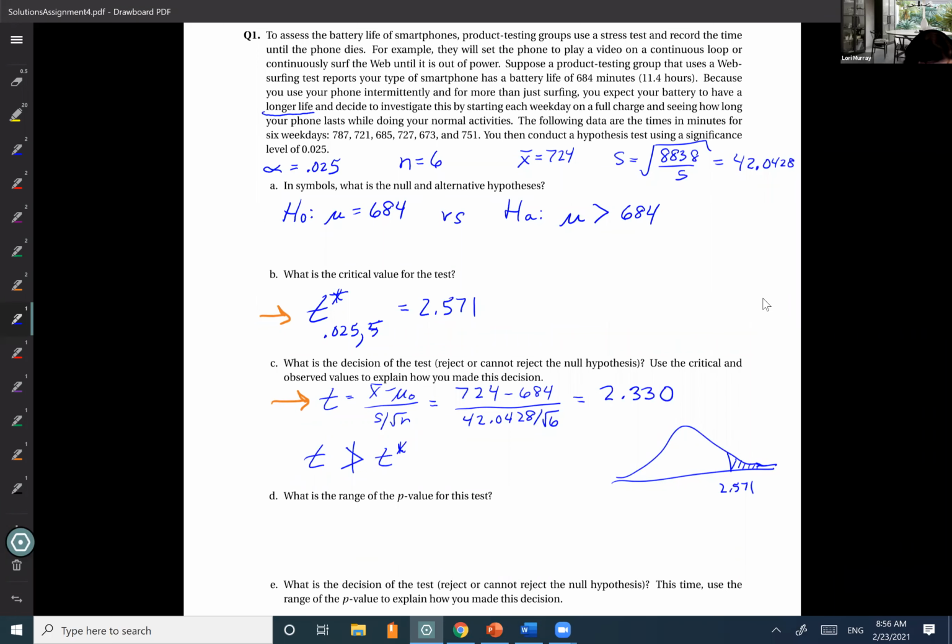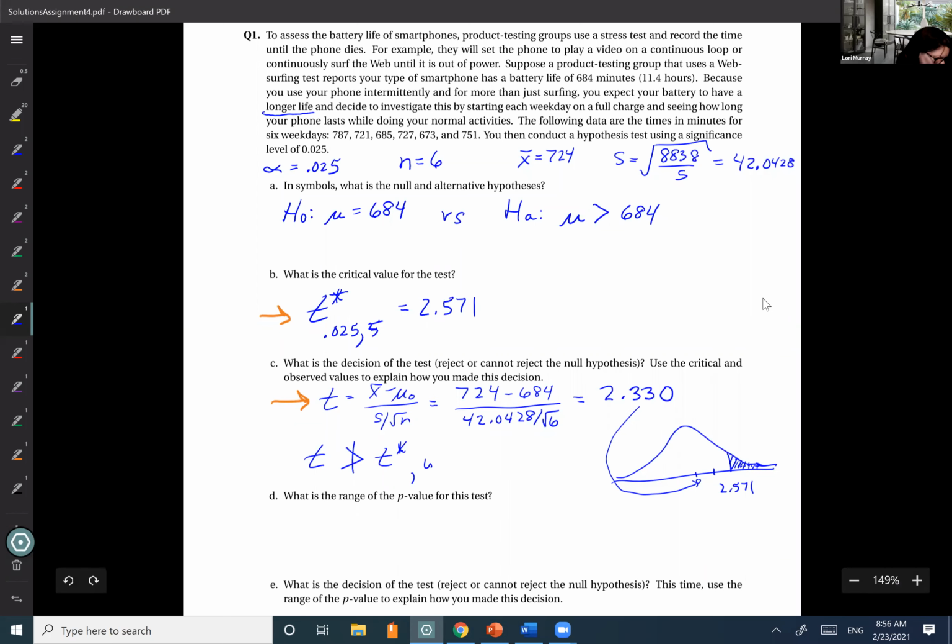So the part here that I've shaded in would be the rejection region. And 2.33 would fall maybe somewhere like here, because 0 is here, right? It's not in the rejection region. So it is not greater than the critical value.